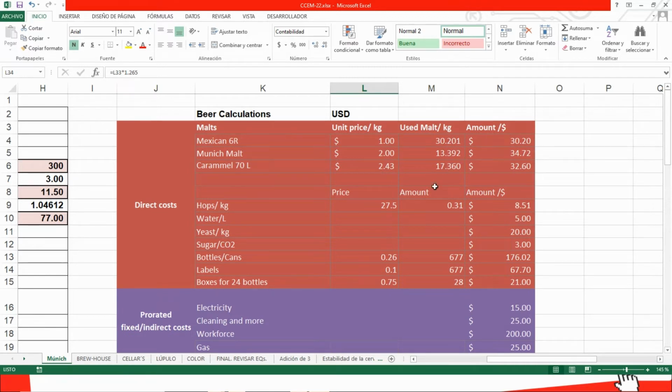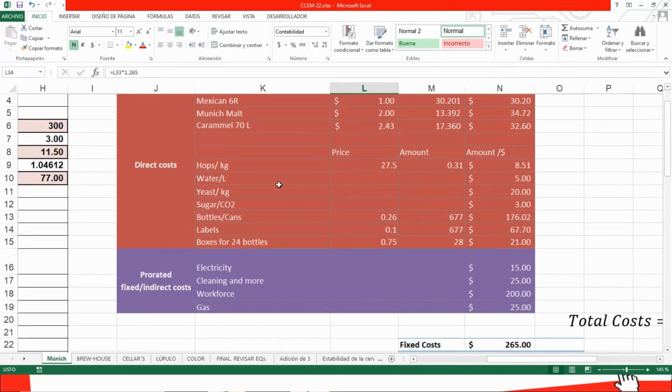It happens the same with the hops, water, sugar, labels, and boxes. I don't have numbers here because in most cases these are the same, so I don't like to move them, but it may vary according to your beer and beer style.